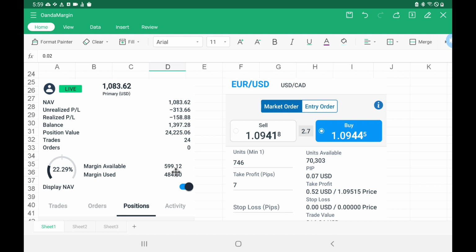Or I should say that I don't have to worry about. Even with this situation, I'm only using 22%. I am not even halfway exhausted my allowable margin point. That's where you want to be. You want to be in such a way that you never need to worry about a margin call, let alone a margin close.